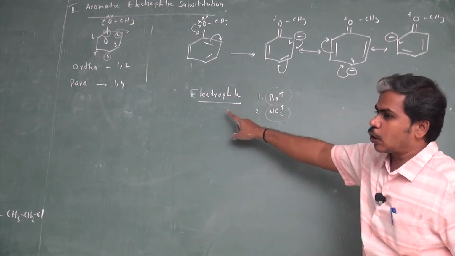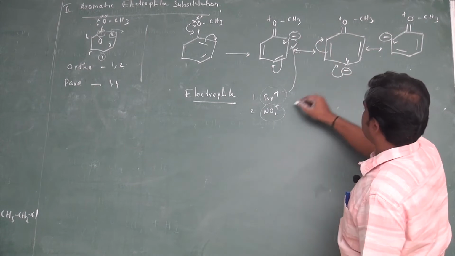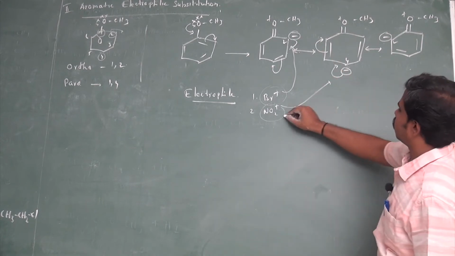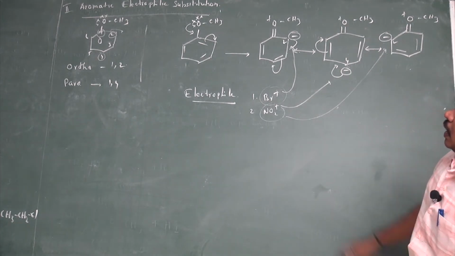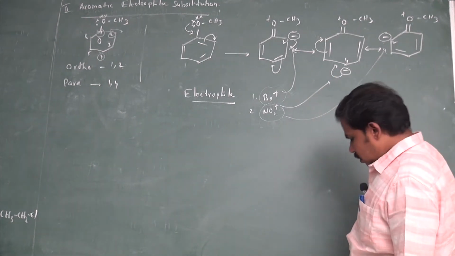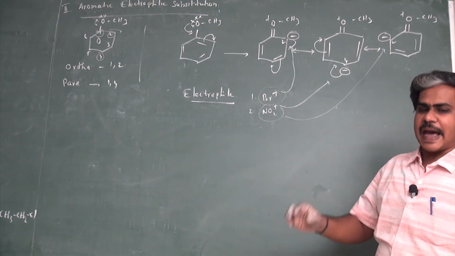So, the electrophilic attack may be at the second position or the fourth position. In anisole, the OCH3 group is an ortho-para directing group.